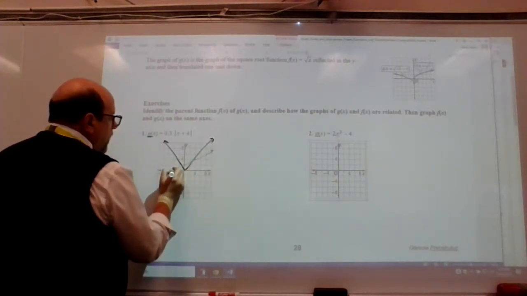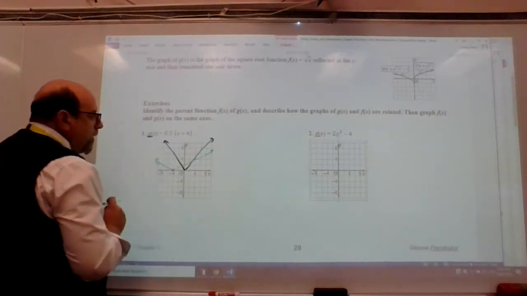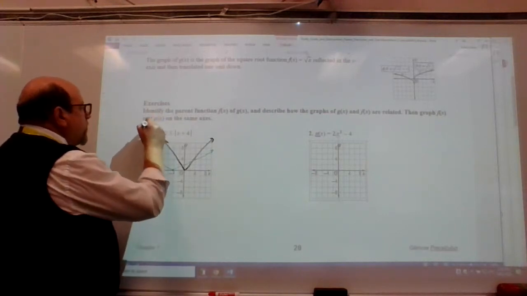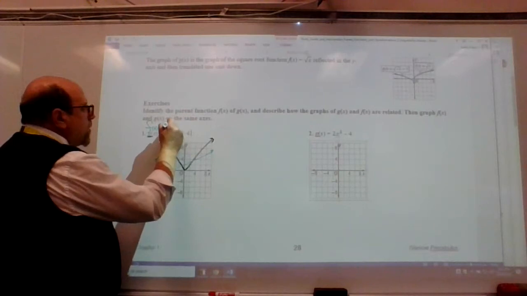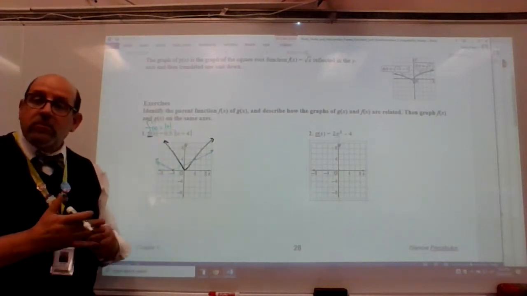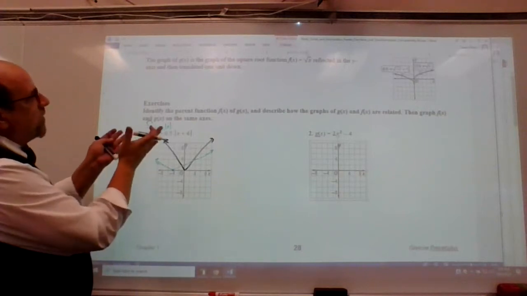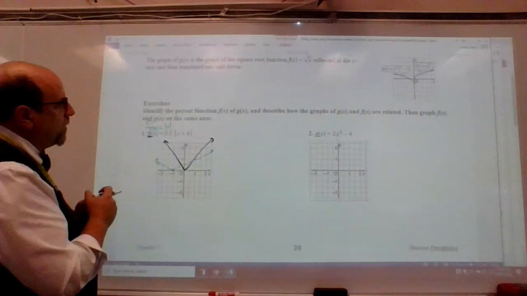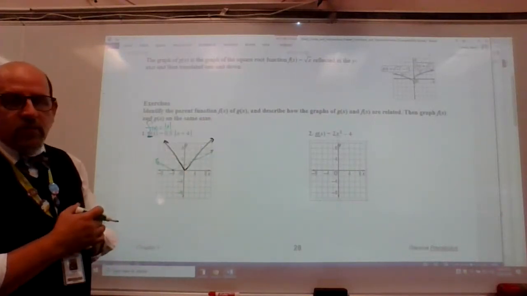And so it goes out here and halfway, and there it is. So I could have said the parent function, f of x, is absolute value of x. Sounds pretty cool, right? So this is some sort of compression, and then it's going to be basically the same thing over here, right?